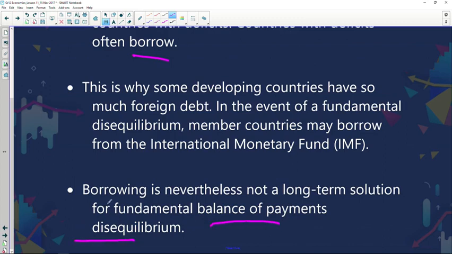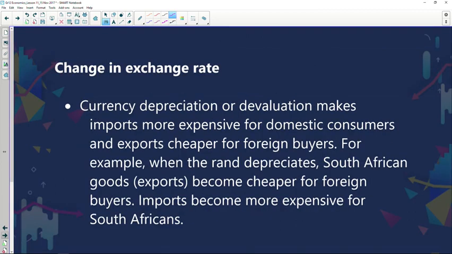It is a short-term solution, so there are other options that a country needs to explore in order to balance its balance of payments. Borrowing will just be a short-term solution that a country can use to correct the balance of payments.